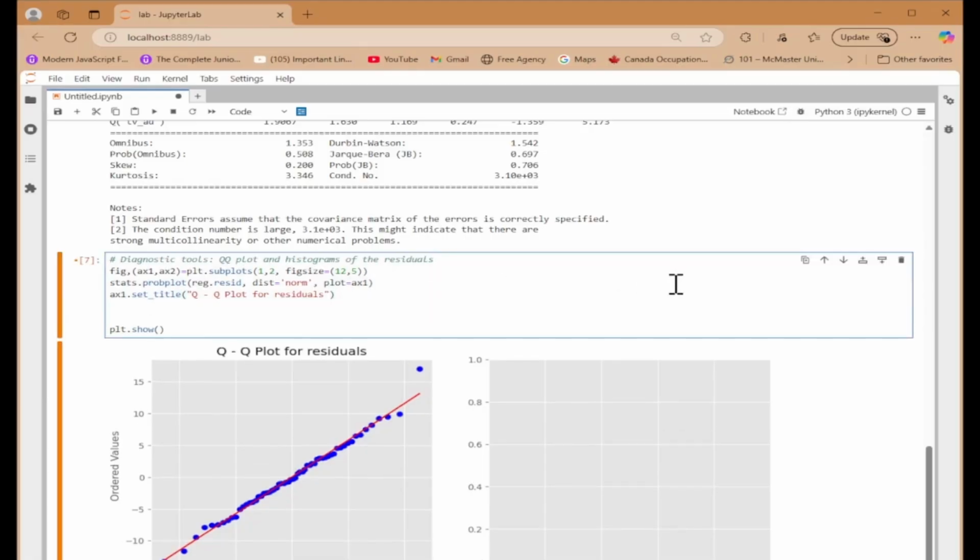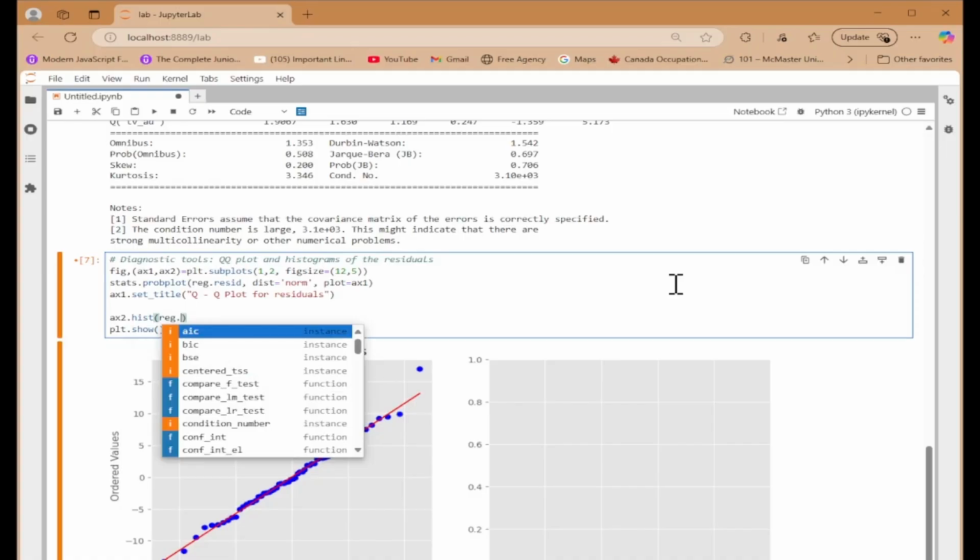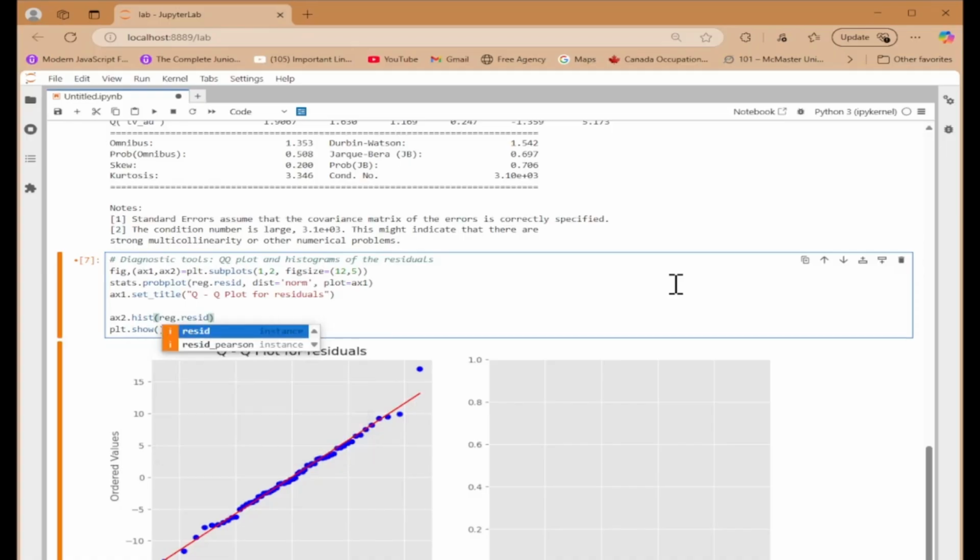So now let's fill in the histograms. Okay, histogram, ax2.hist, reg.resid. We're going to draw the histogram of the residuals, right? So bins equals 20. Let's draw the 20 bins.